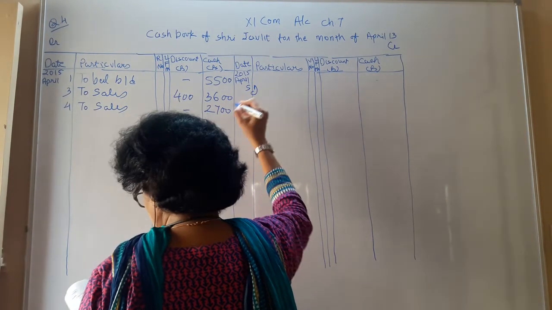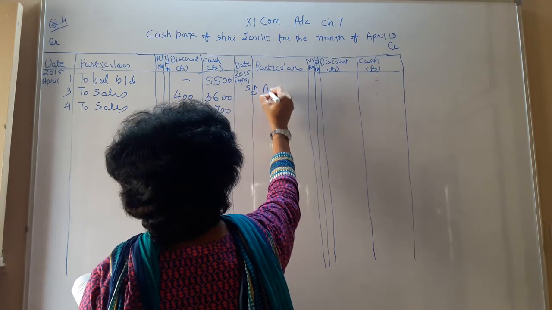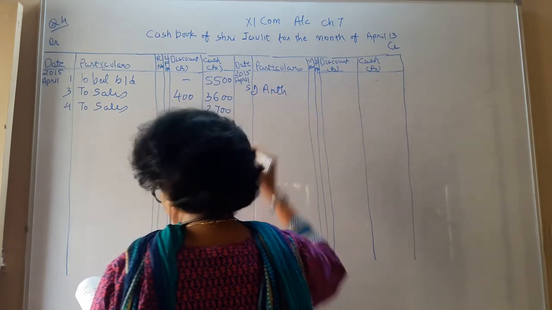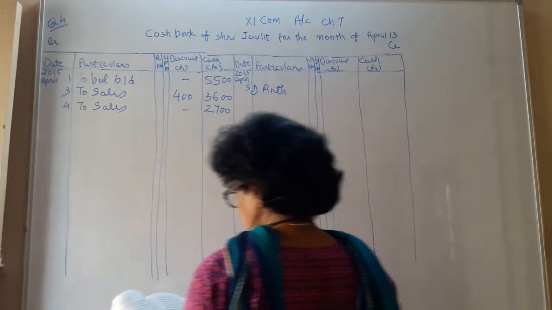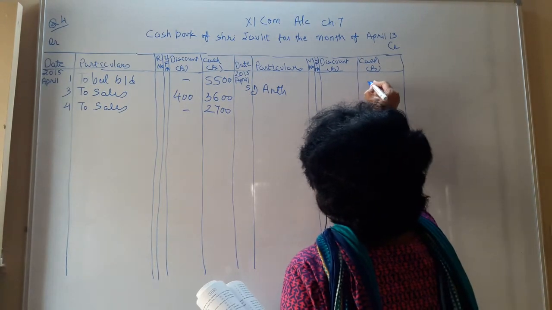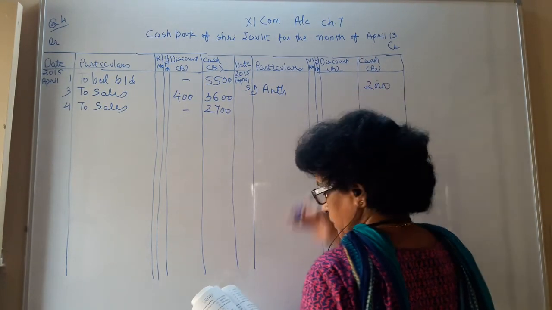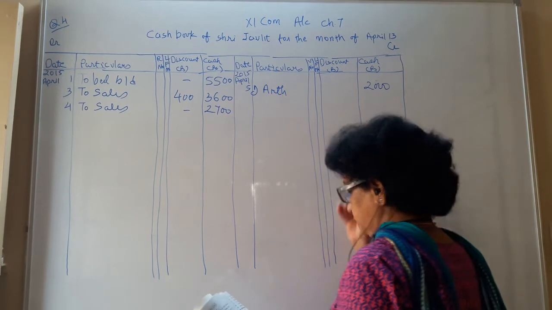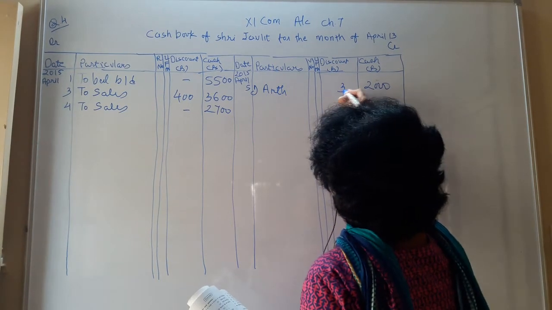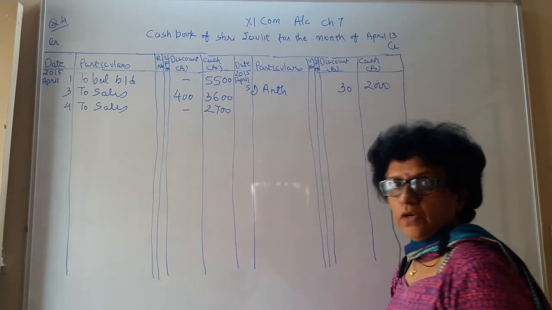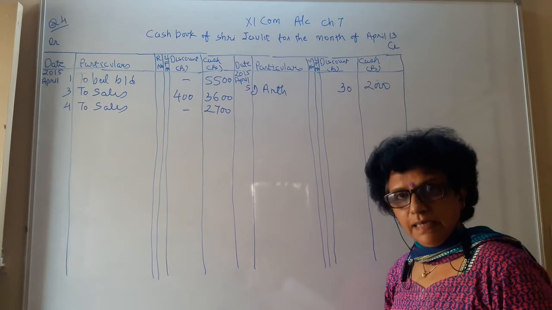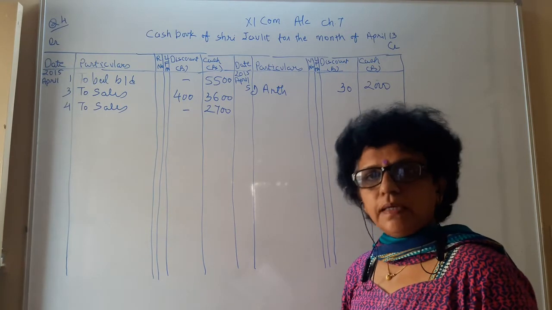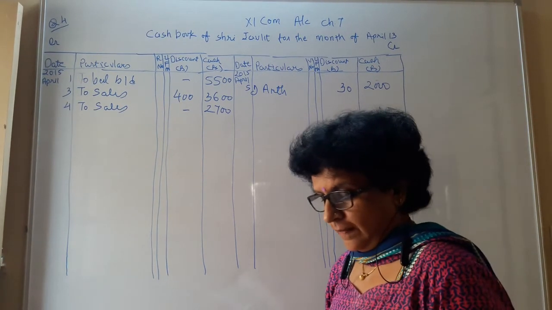That is By Arth, the name of the party. You are paying 2000 rupees for the settlement of 2030 rupees, so 30 rupees is to be considered as a discount for you. You are paying less, so it is one kind of your cash discount received.